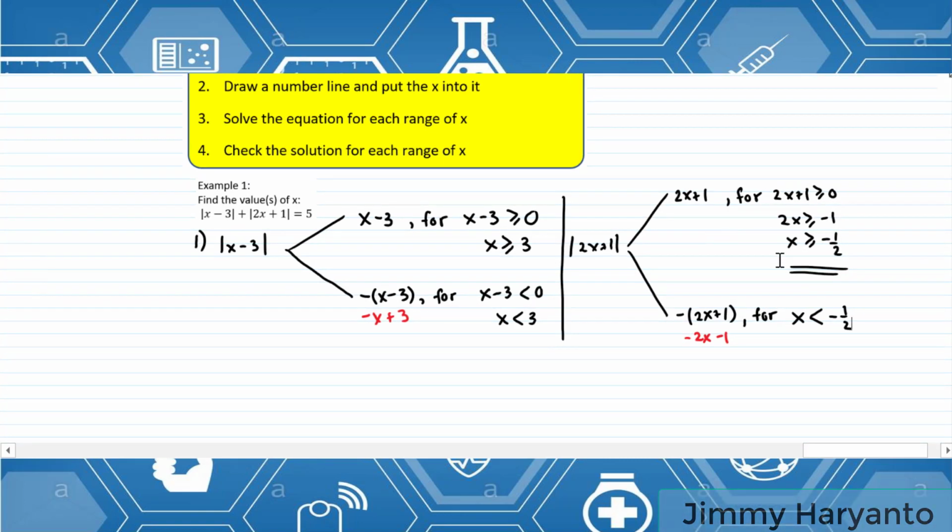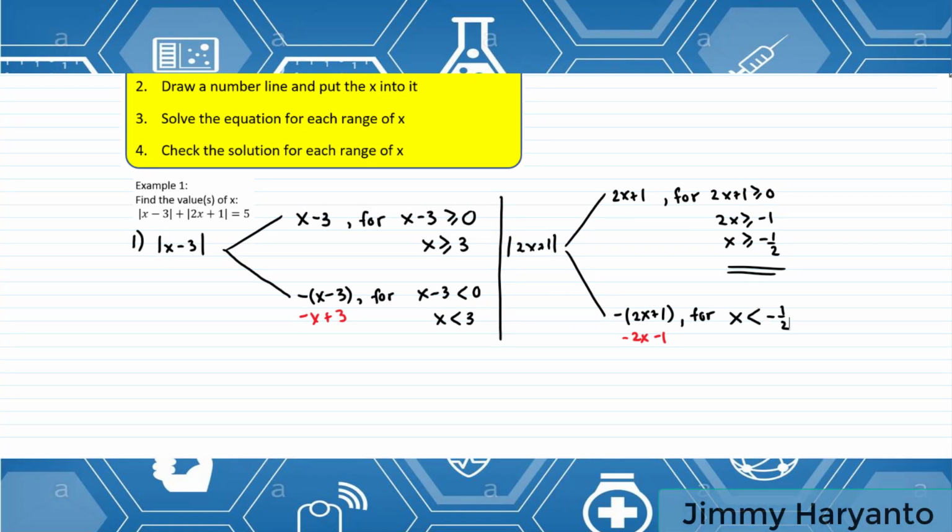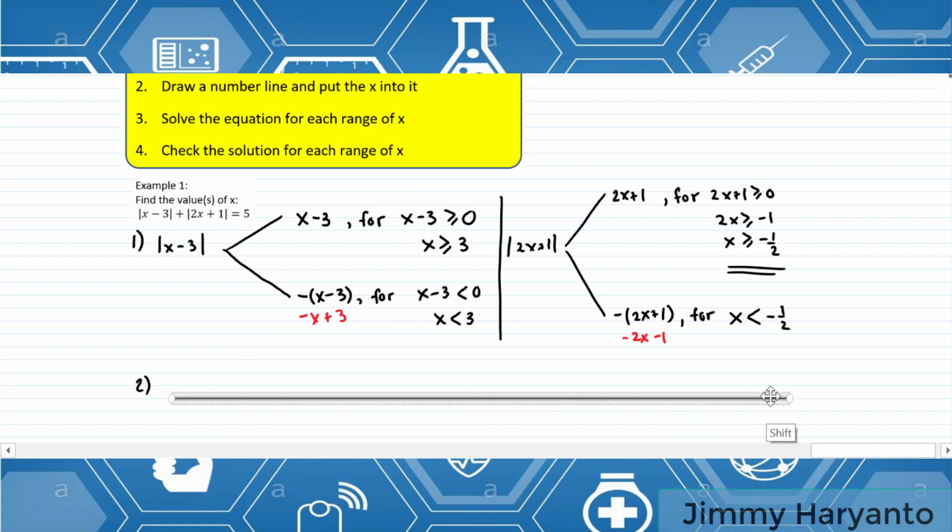We go to the second step, draw a number line. How do we draw a number line? We make a straight line. This is the number line, and then we have to put x into it. Which x? This one and this one.